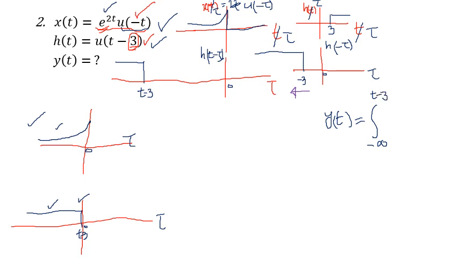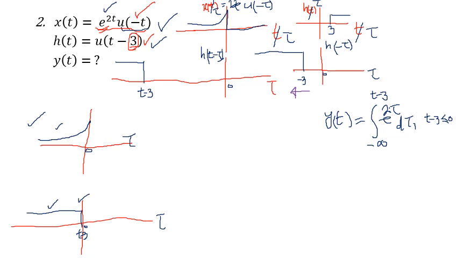The product equals, since this signal is 1 and this signal is e power 2 tau, e power 2 tau d tau, and this is valid for t minus 3 less than or equal to 0. So for these values of t, this expression is valid.